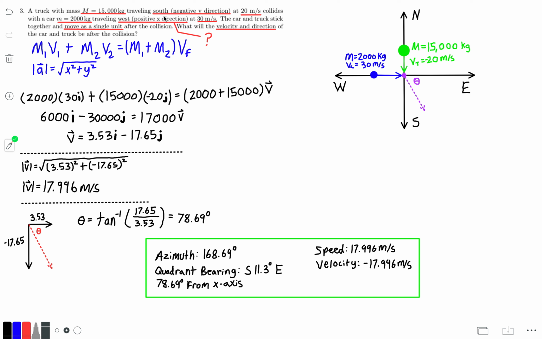And it is traveling through the south or negative y direction at 20 meters per second. And of course, this is the speed, not the velocity. So it collides with a car, which is much lighter mass, and it is traveling in the positive x direction. And I think this is a typo in the problem because west is not the positive x direction.